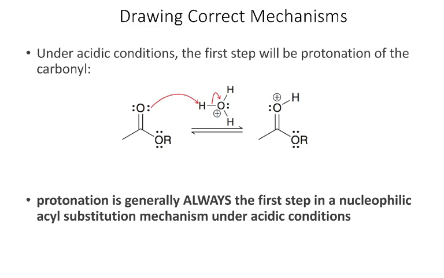So pretty much any time we're under acidic conditions, a proton transfer will generally be the first step, because when I do this proton transfer, that makes this oxygen positive.